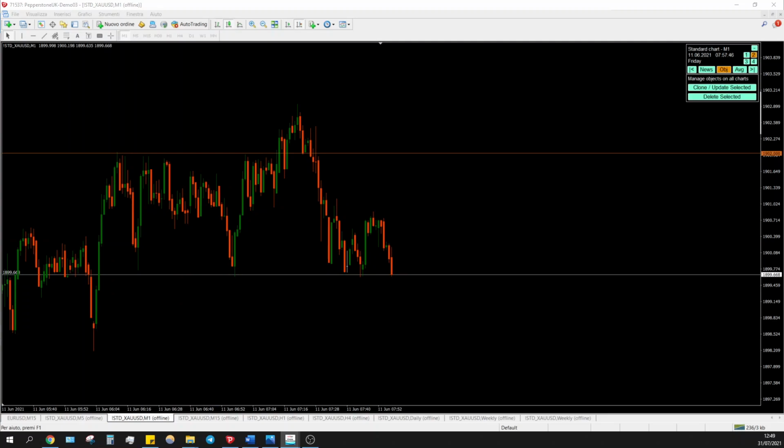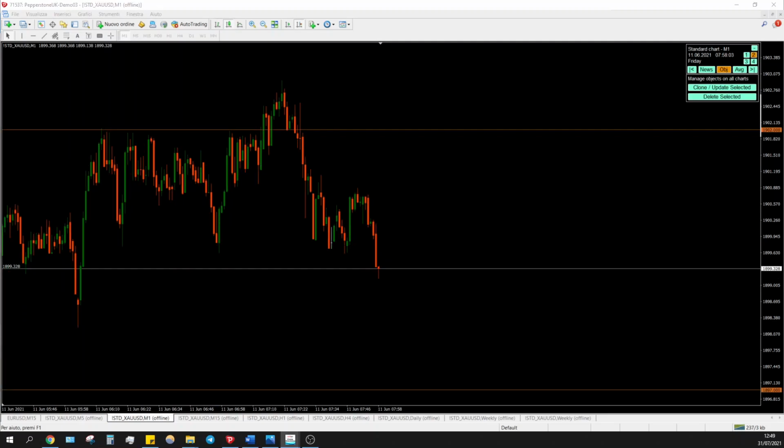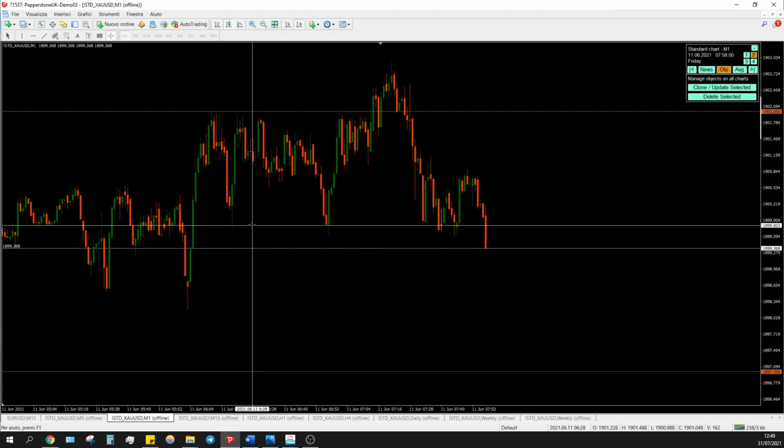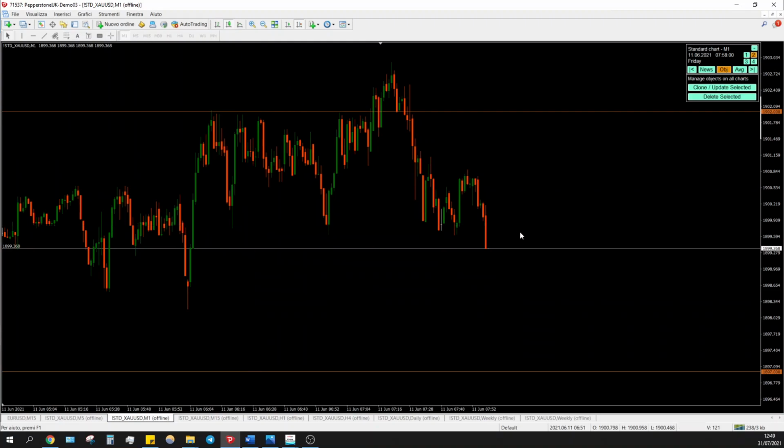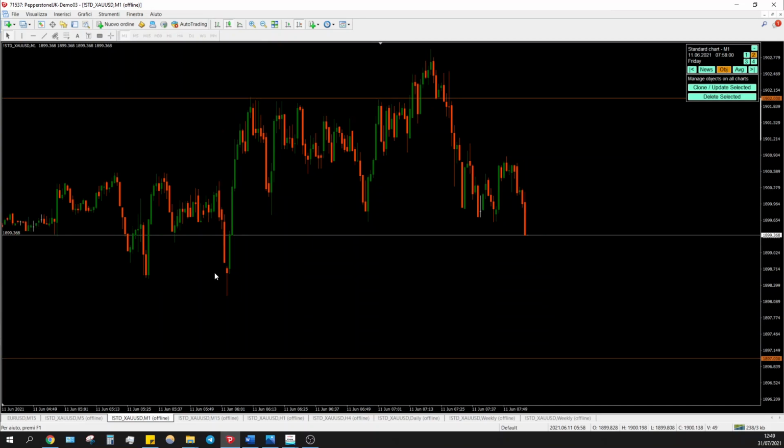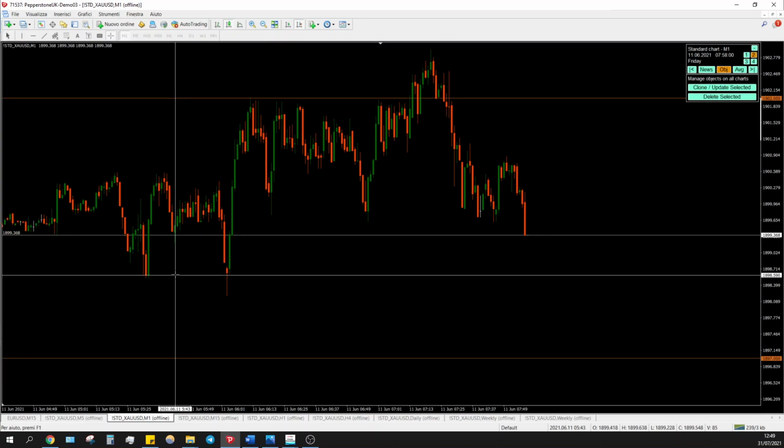Okay, so let's go back to the start of the candle. We have closures below this order block lows. This might be high risk high reward sells for like 10 pips, or even below here, safer.